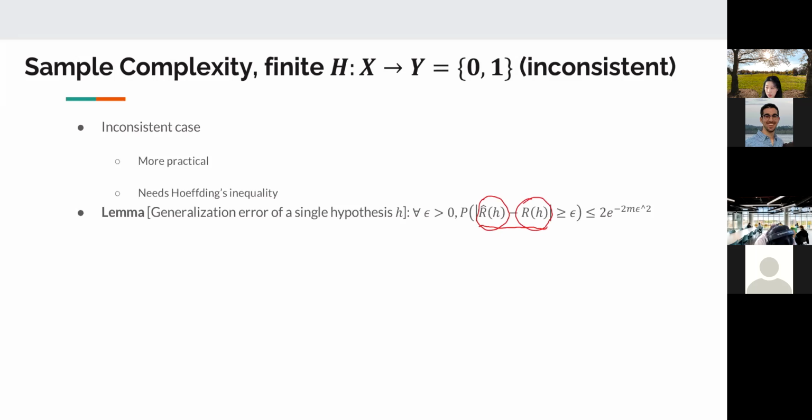The difference is the gap, so we're bounding the gap between the two. And this is the precision. So the probability that this gap is greater than your precision is upper bounded by 2 multiplied by e to the minus 2m epsilon squared.